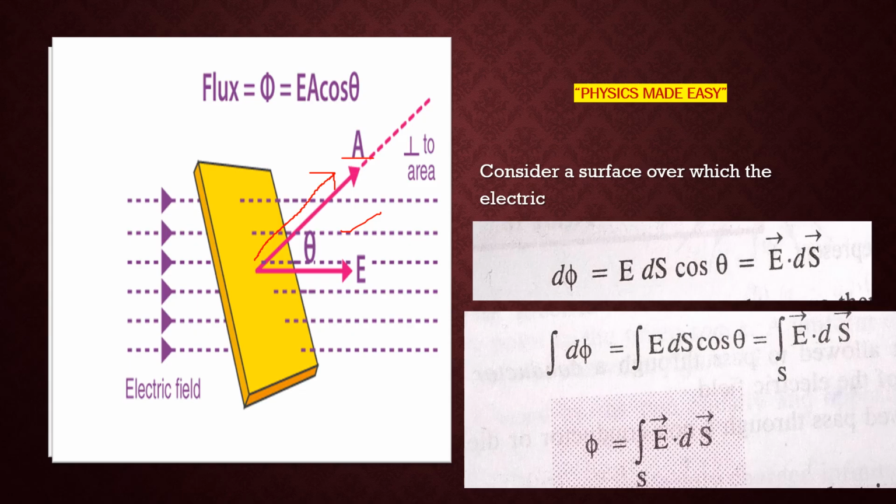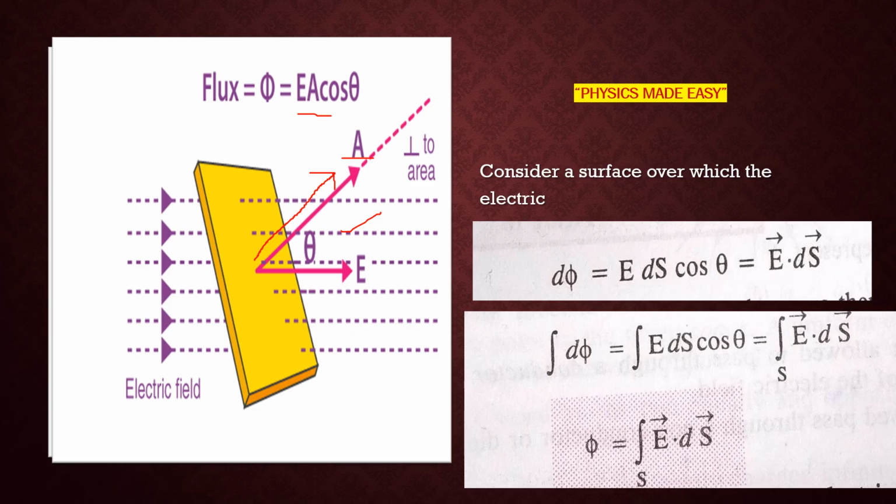Then we can say that the electric flux through the surface element can be given by EA cos theta. Here cos theta gives the component of the electric field which is perpendicular to the surface area.